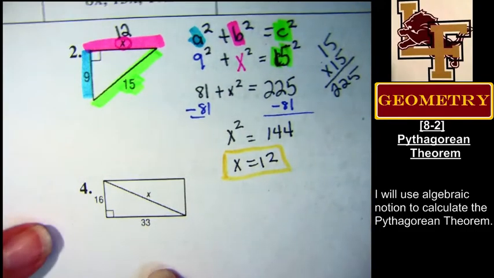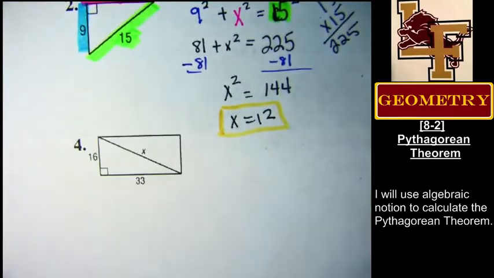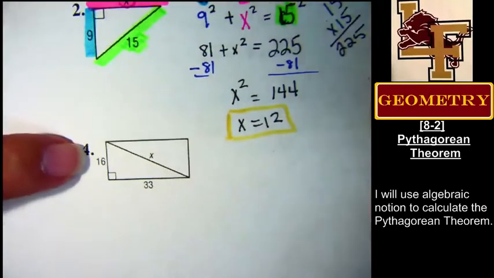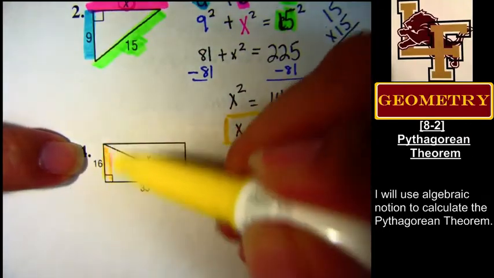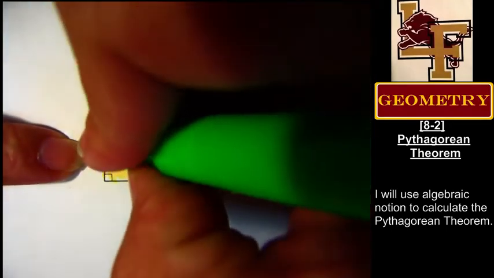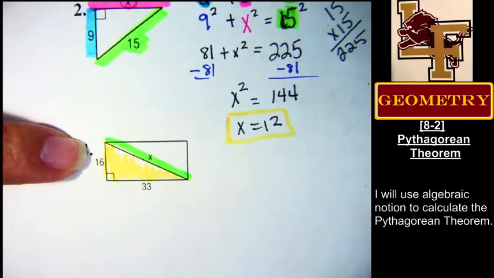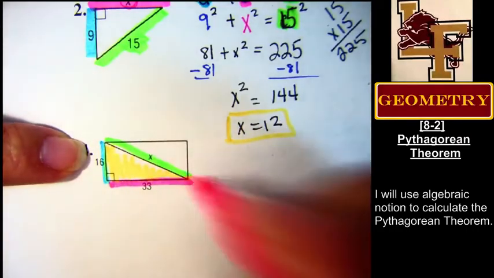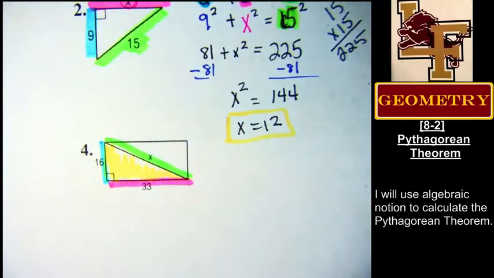And number 4. I was requested for number 4. Okay. So number 4, here's my right triangle right down here. So I'm going to ignore the rest of that shape. Here's my hypotenuse. And then one of the sides is A, the other side is B. No one cares which order you pick those in.